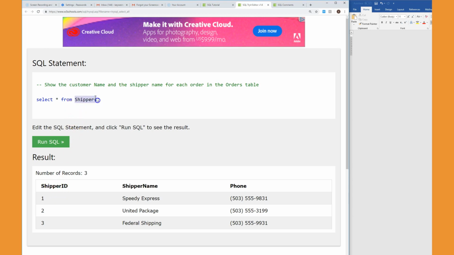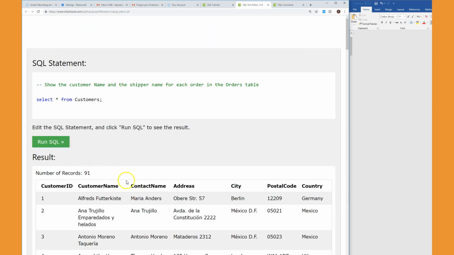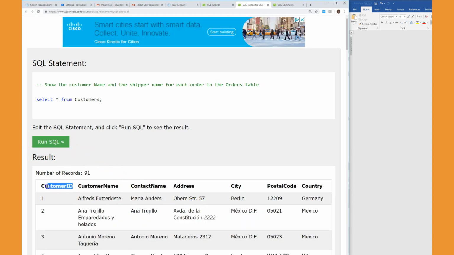The same thing if I show you the customers. We're talking about the customer ID here, but there's no mention whatsoever of the order. But in the order table, as I showed you earlier, you will see both the customer ID and the shipper ID.